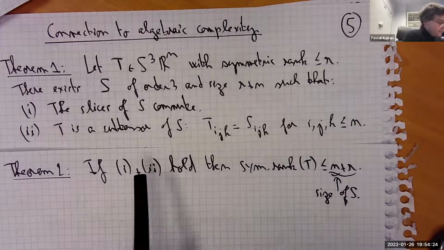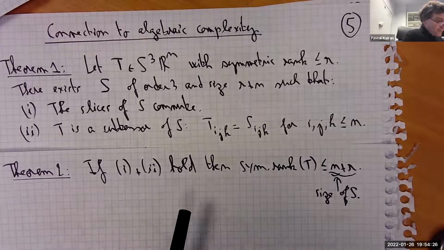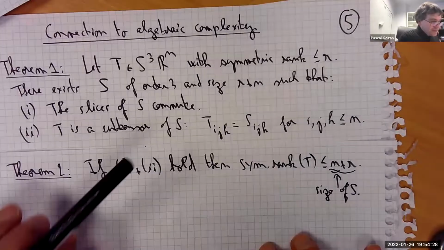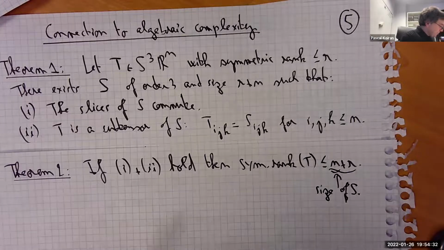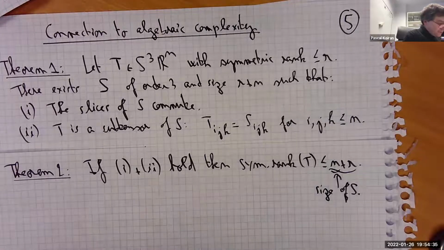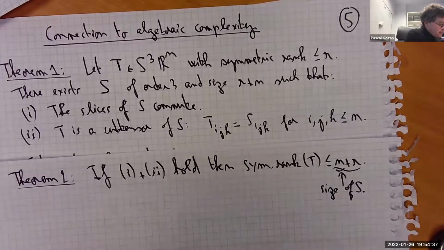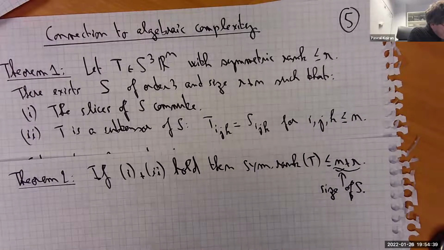Of course, this is all about commuting extensions. If we start from a tensor that already has commuting slices, what does it mean for a tensor? And in fact, it turns out that there is a very simple answer to that question.